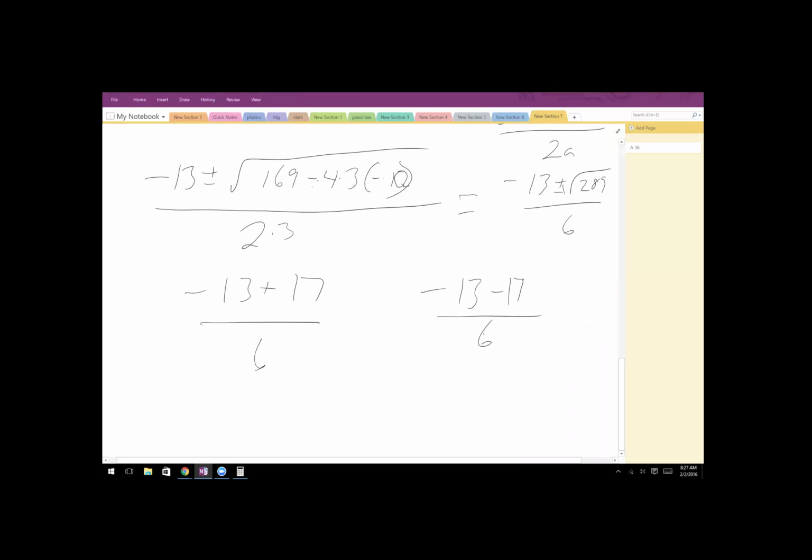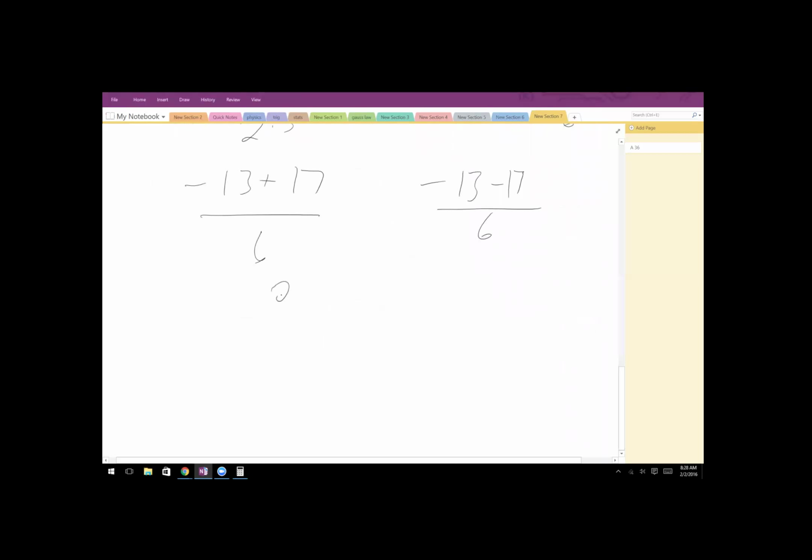What's negative 13 plus 17? 4. And so 4 over 6, also known as 2/3. What's negative 13 minus 17? Negative 30 divided by 6 is negative 5.